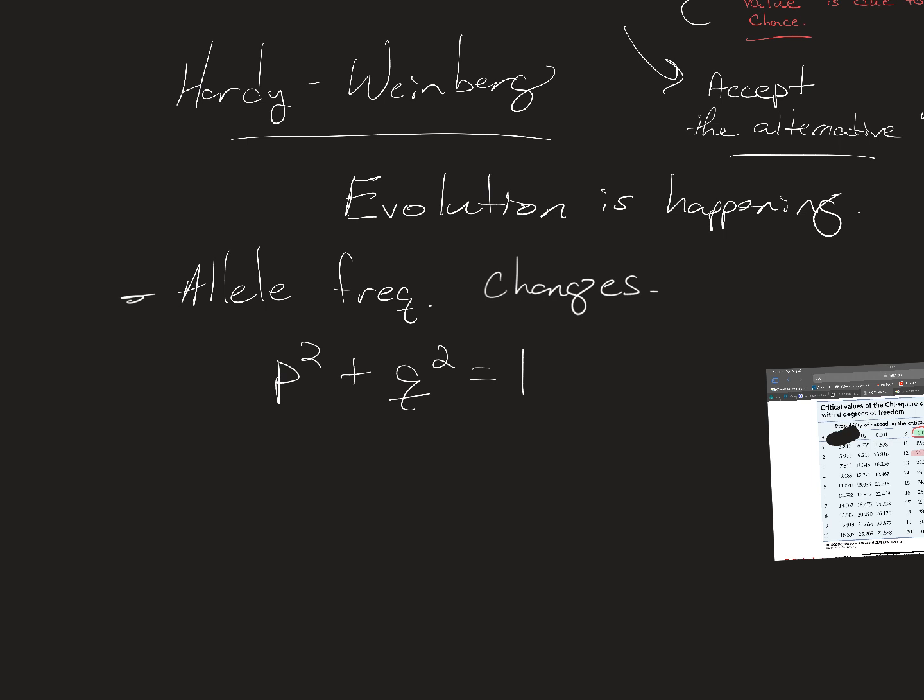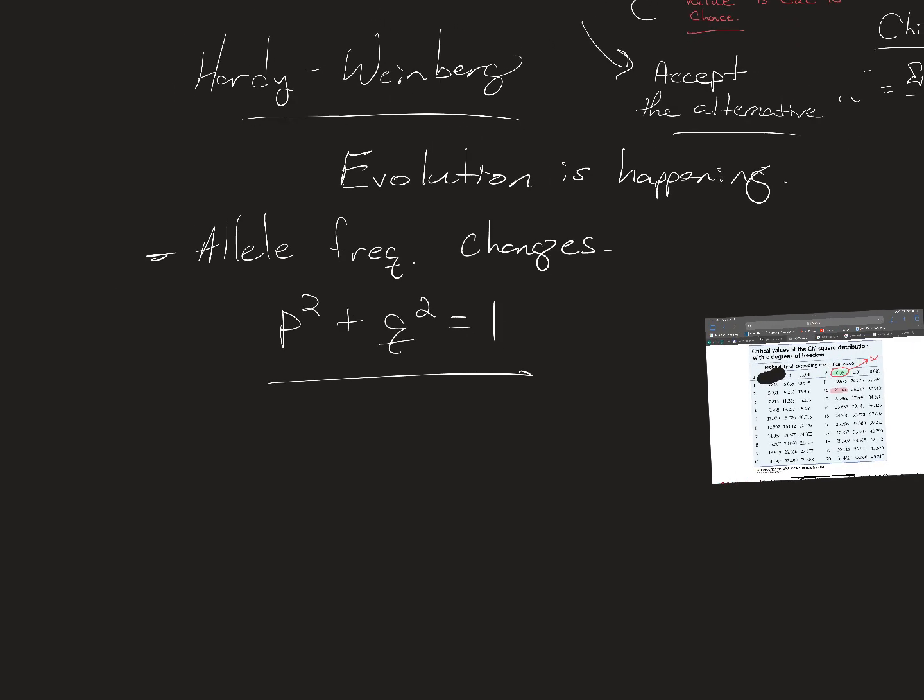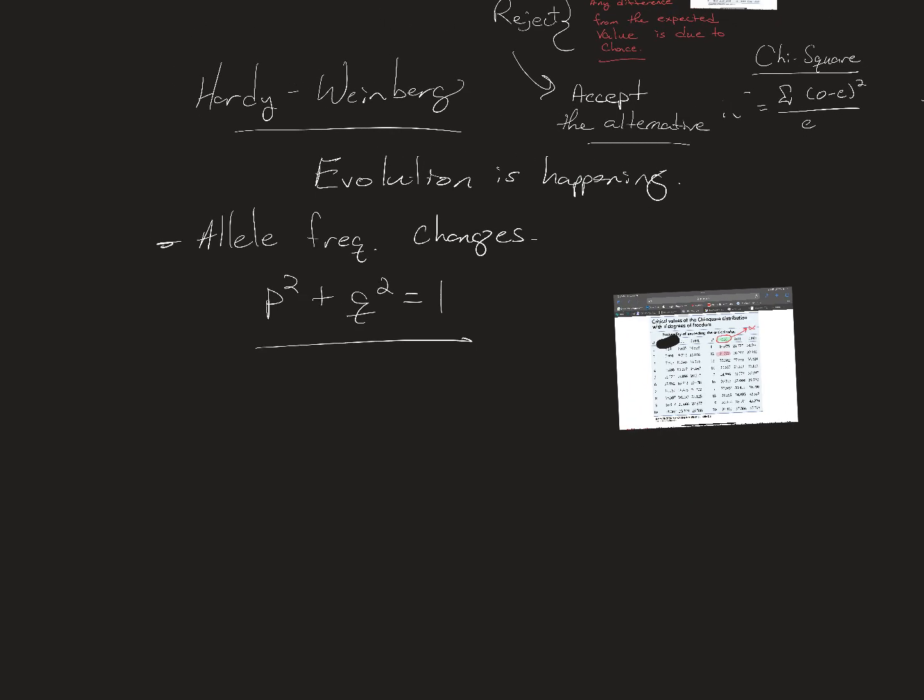You can derive a lot of understanding from this, but the point is, remember that p squared is the dominant homozygous, and q squared is the recessive homozygous.